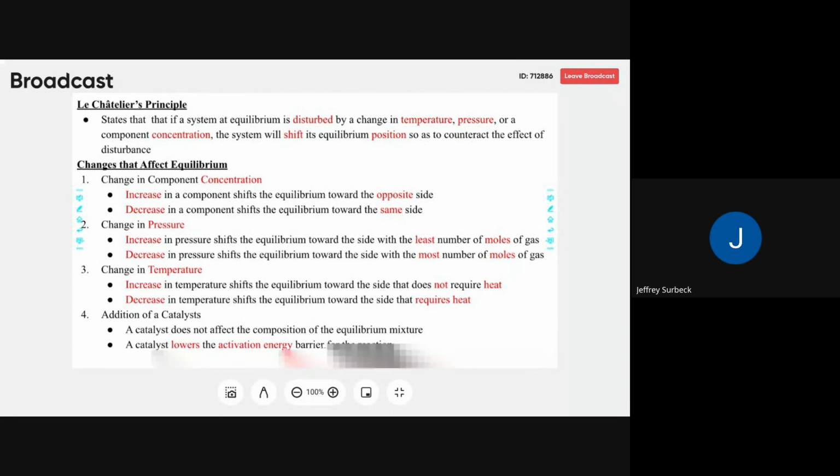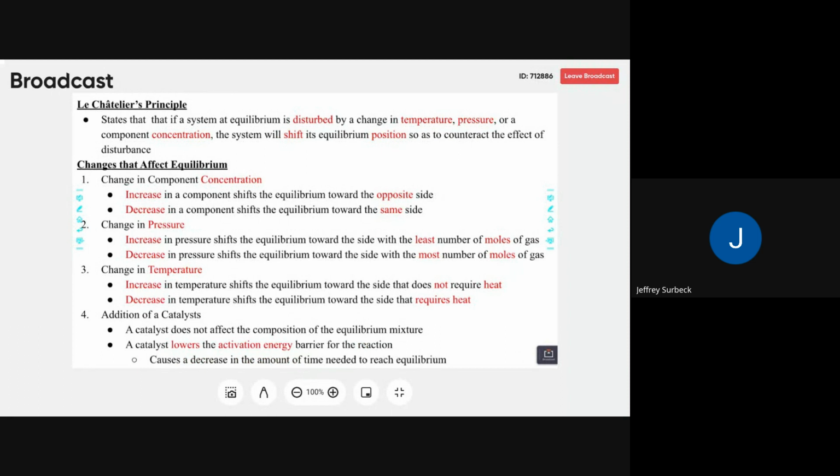Now we're going to go through these, and it's just easier to see in an example, but so you have a reference, that's why we have this slide up here. Le Chatelier's principle says for a change in concentration, aka if you add or take away a reactant or product, if you add, you increase, you shift to the opposite side.